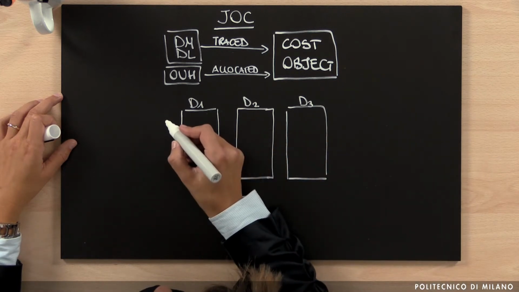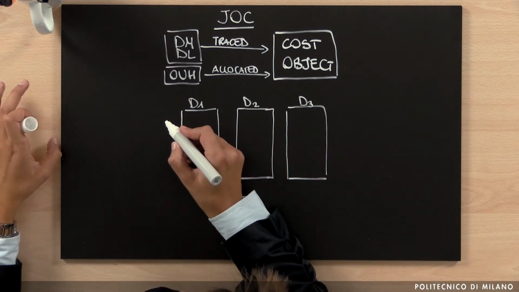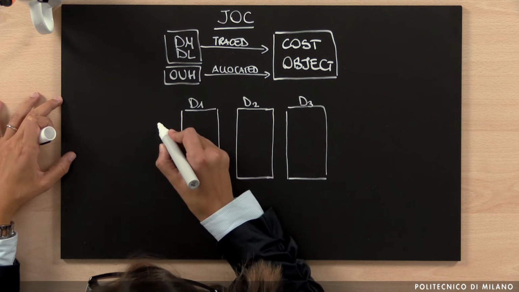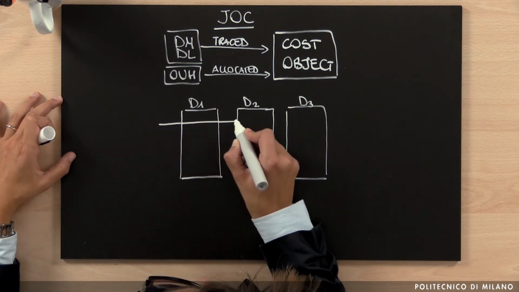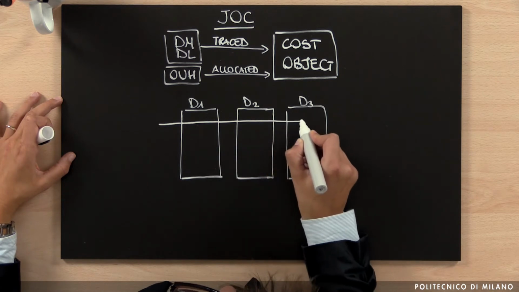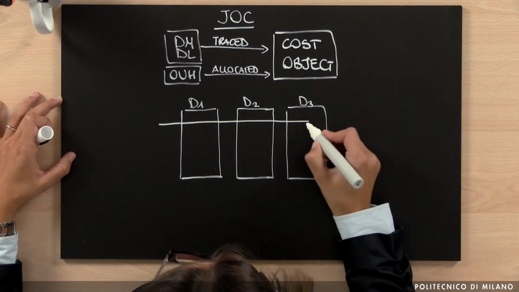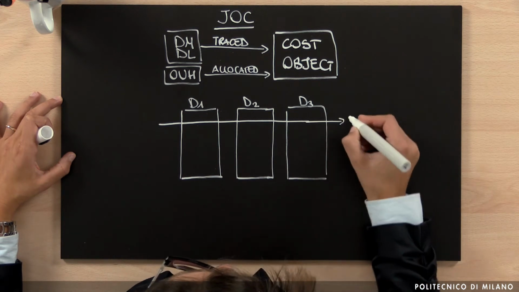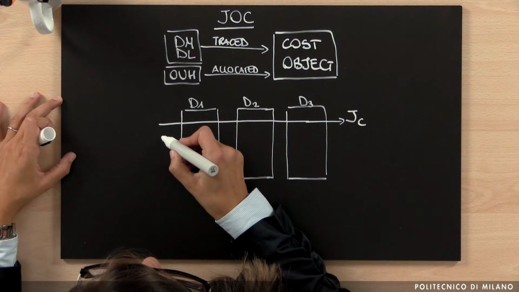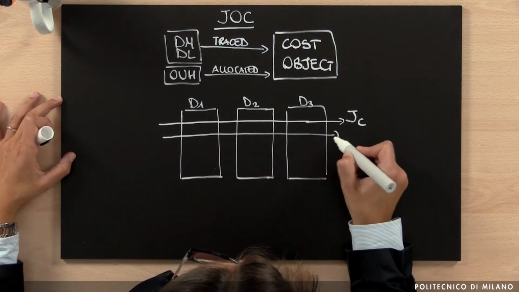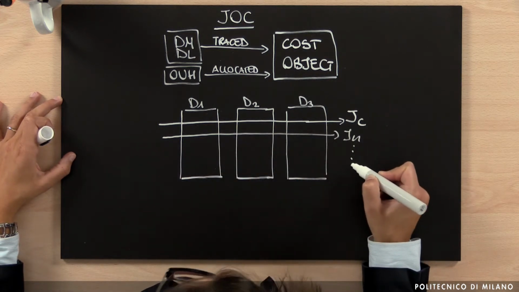Our job, a single unit of output or a batch production, enters department 1, then moves into department 2, and then arrives at department 3. Of course, we can have even more phases, arriving at the final output in which the job is finally completed. The same happens with the other jobs, and so on.